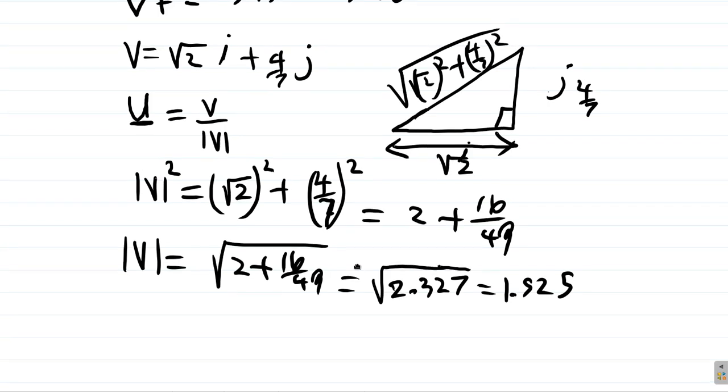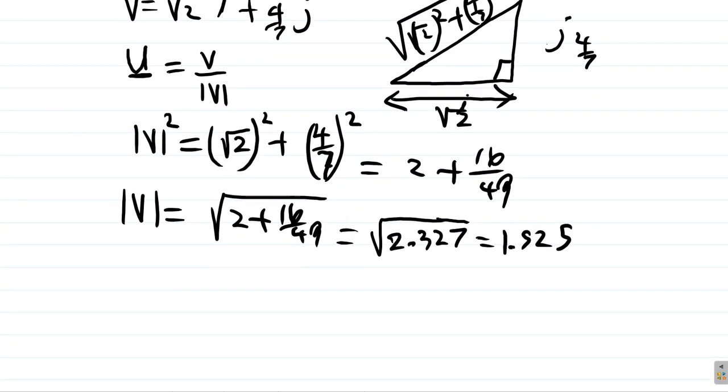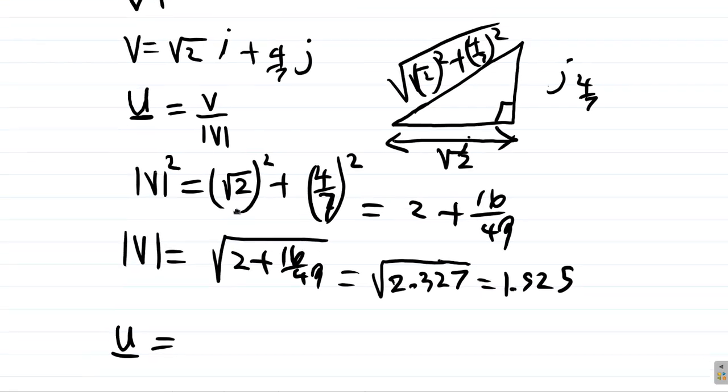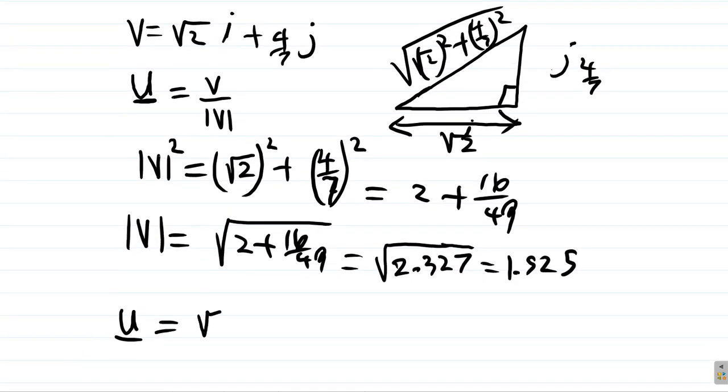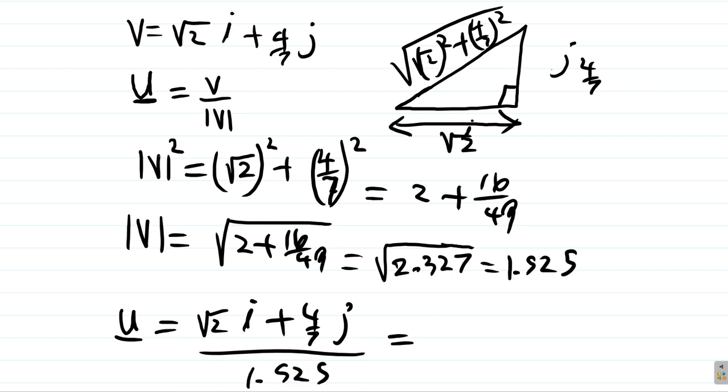So therefore, the unit vector, bold U, a U with the line under it, is equal to the original vector, square root of 2i plus 4 over 7j, divided by 1.525. Let's write it as the square root of 2 over 1.525i plus 4 over 7 over 1.525j.